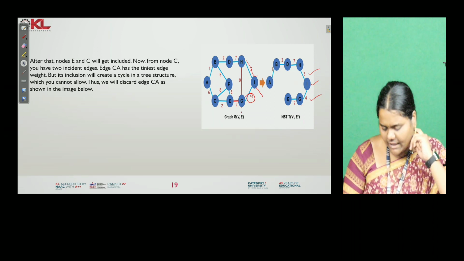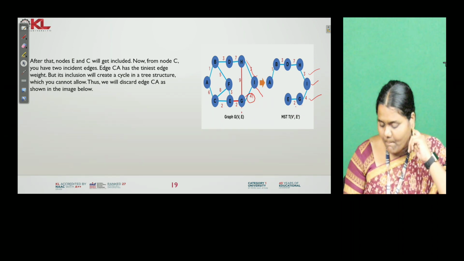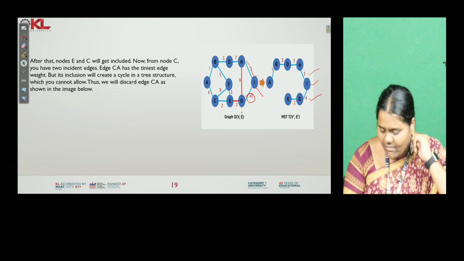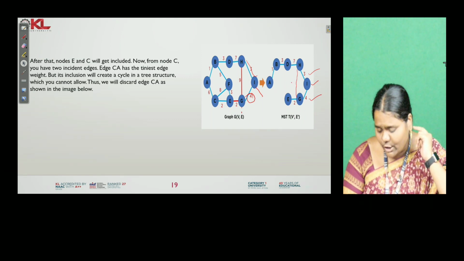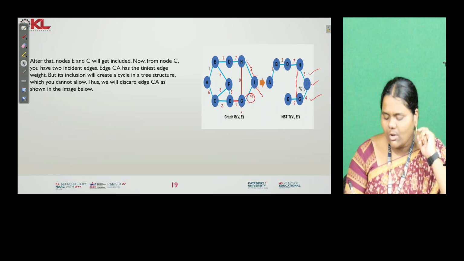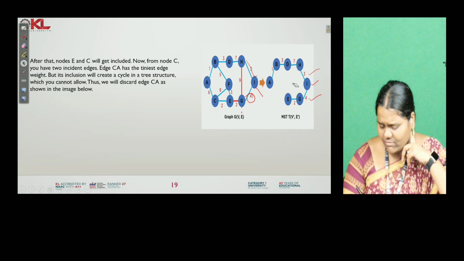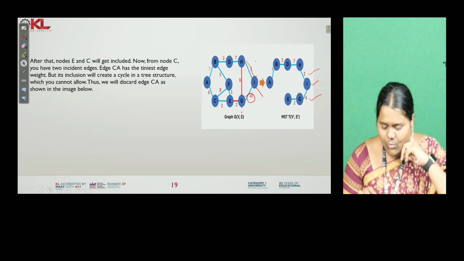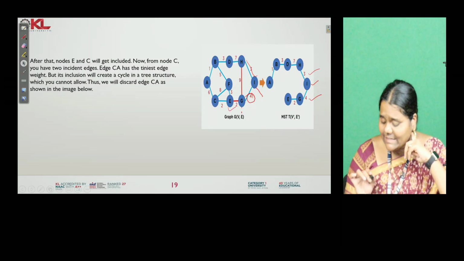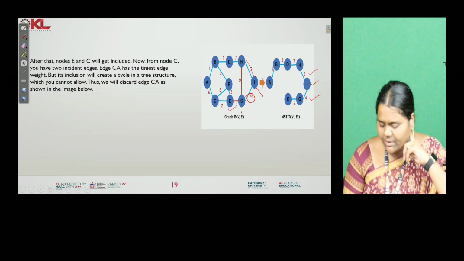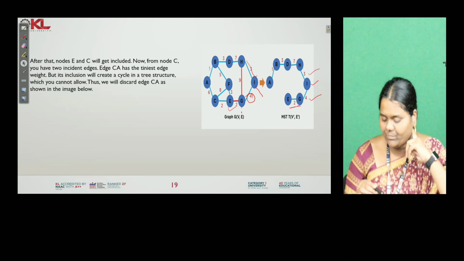Here H to G, 9, is there. But whenever we draw H to G, the cycle will be formed. So we will not take this particular edge, and simply remove this edge. Now what is the adjacent edge from G? E is the other edge. So G to E, the weight is 2.